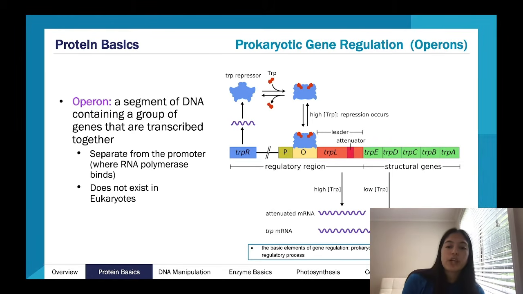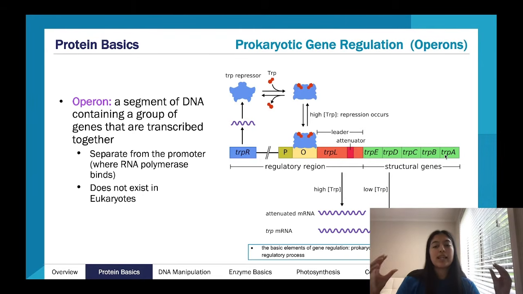So our thing with the operon is basically that it chucks a whole bunch of genes together and treats them as one gene. So it's almost like, in this case, 5 in 1. You can see here are the structural genes, all these different genes, but they're clustered together and they will only be transcribed as one.